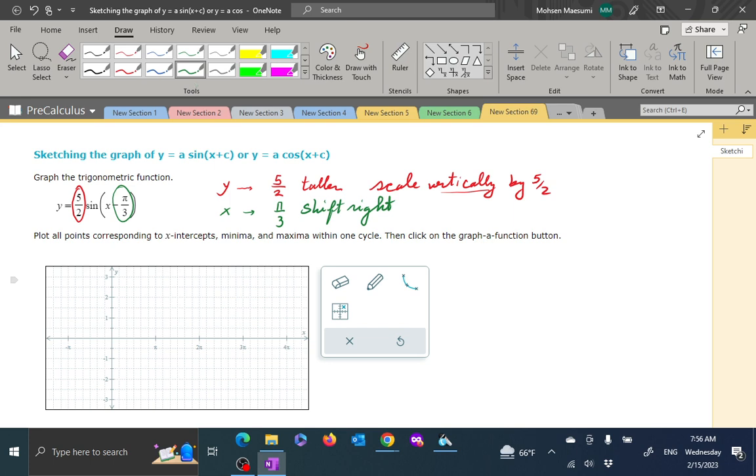So what do we do? We start with our basic graph. As usual, we have these 5 points to follow. So we have a graph of sine. Step one, suppose I want to make it 2.5 times taller.